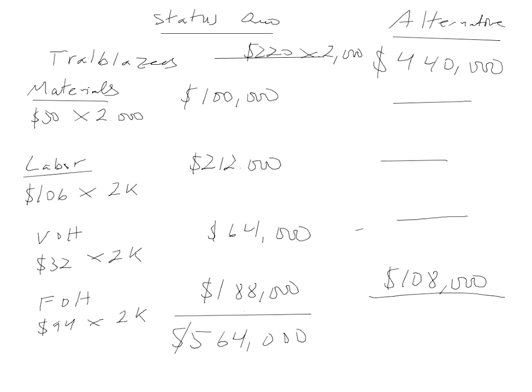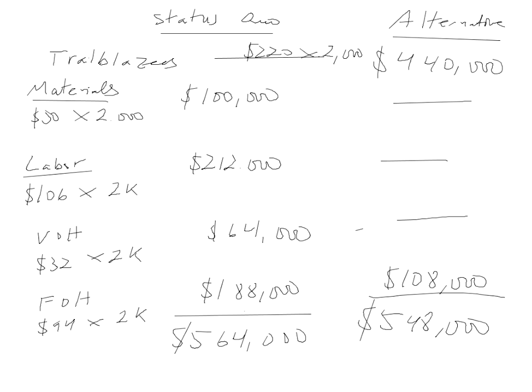So now we add the 440 plus the 108, and we see that it's going to cost us $548,000 if we buy the units from Trailblazers. So that's what our schedule's going to look like.